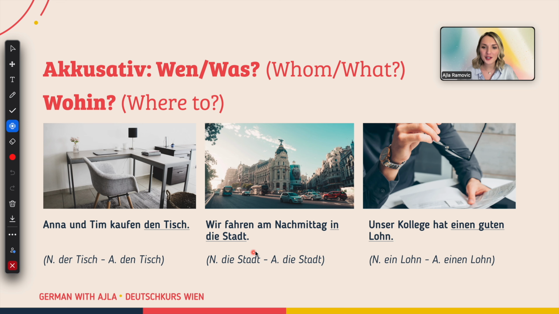Let's move on to the second example. Wir fahren am Nachmittag in die Stadt. We are driving to town in the afternoon. Again, let's analyze the sentence together, starting off with the first element, which is wir, meaning we.